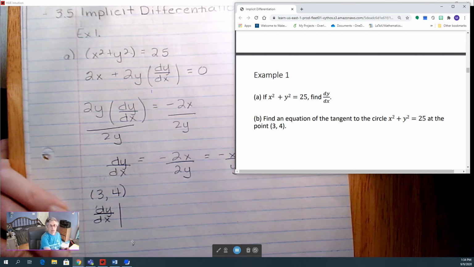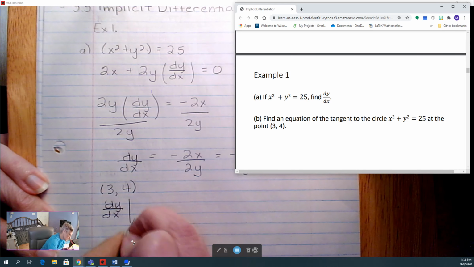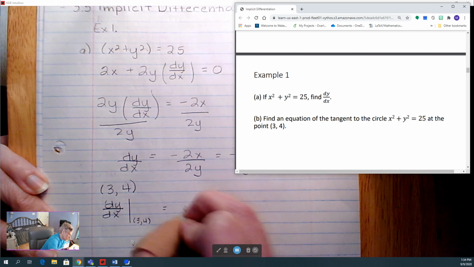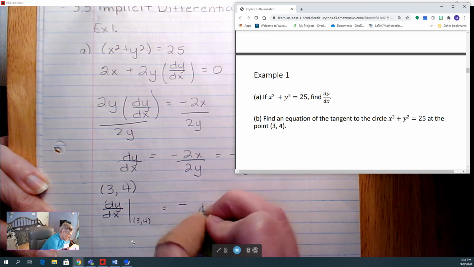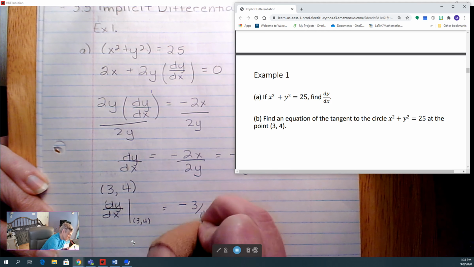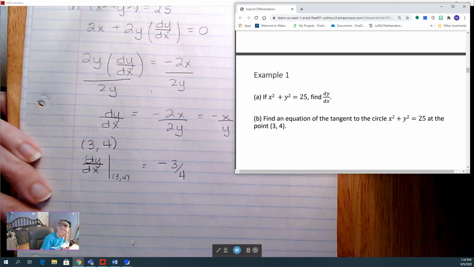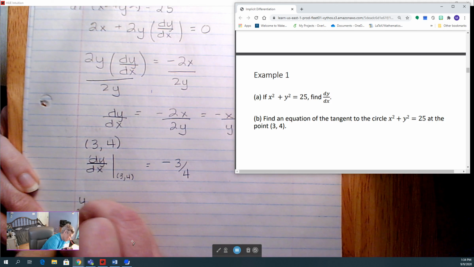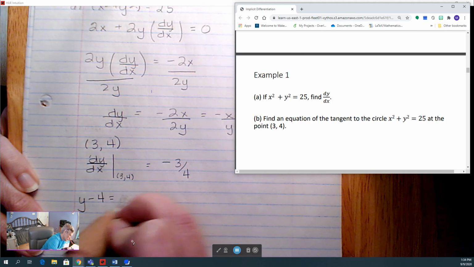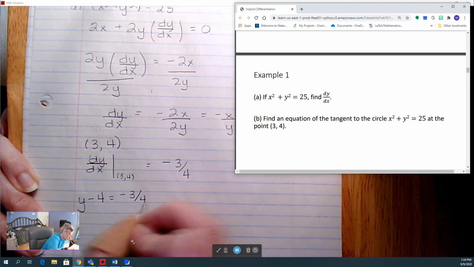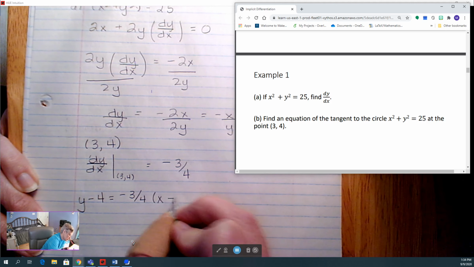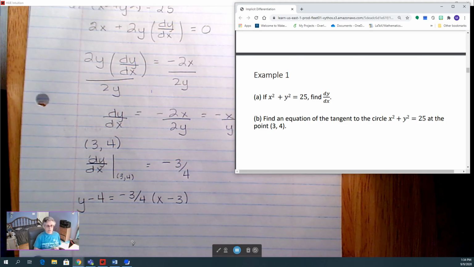We evaluate dy dx at the point 3, 4. So it would be negative x over y. And now it's easy to just write down the equation: y minus the y coordinate equals slope times x minus the x coordinate.